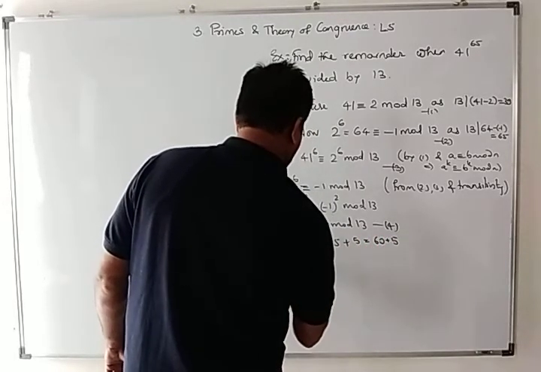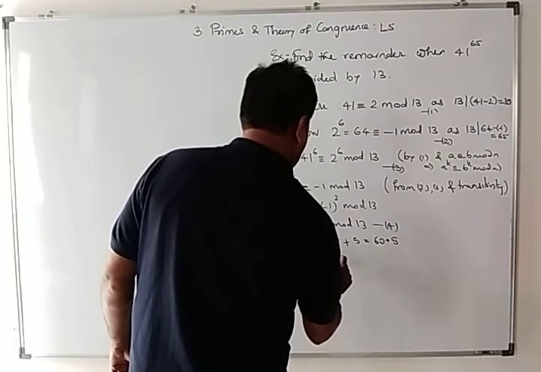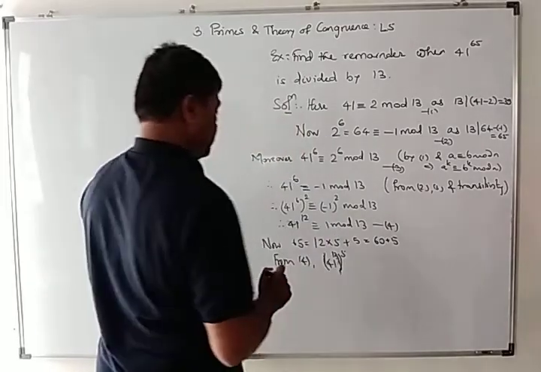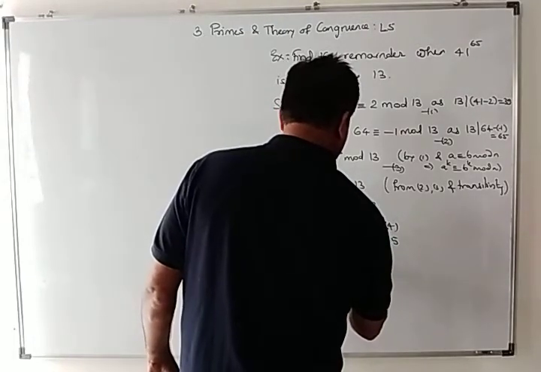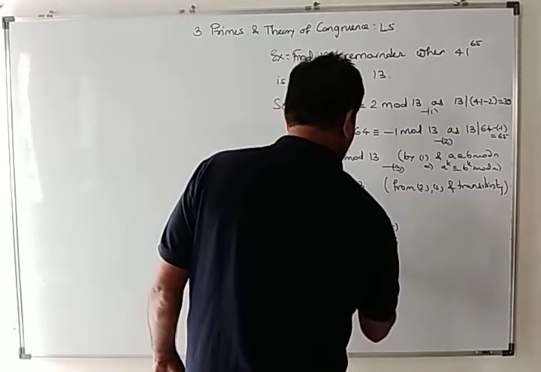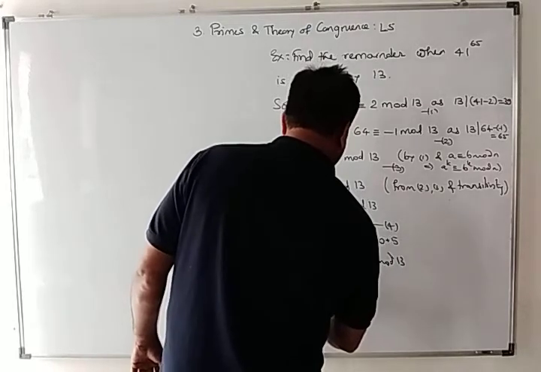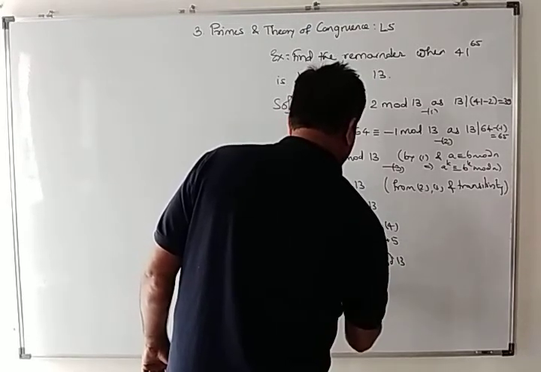From 4, 41 raised to 12, raised to 5, is congruent to 1 raised to 5 mod 13, and therefore 41 raised to 60 is congruent to 1 mod 13.